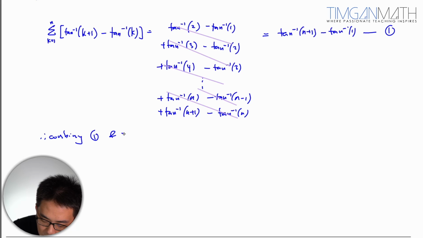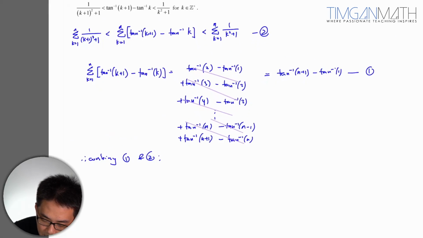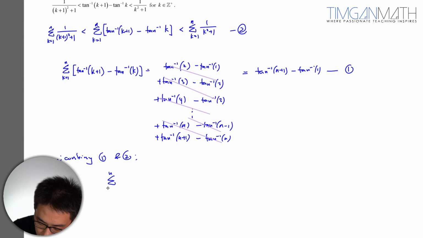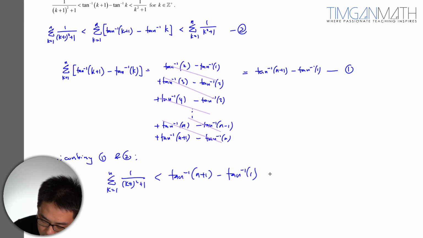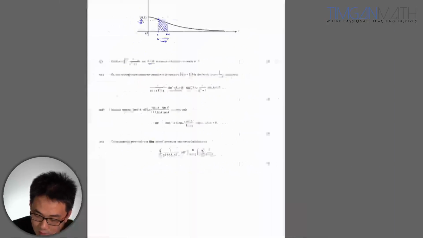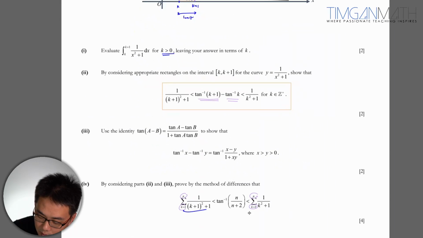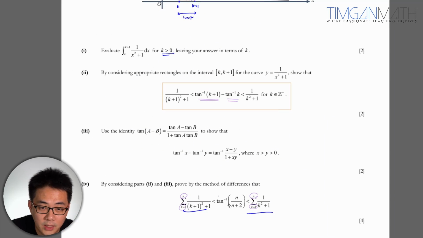Combining 1 and 2, we get the middle would be sum of k plus 1 square plus 1 equals tangent inverse n plus 1 minus tangent inverse 1, less than n. Okay, always know what you need to find, because we have already got the two sides here, so we are quite happy with it. But what we need now is this side here, which looks something like that.